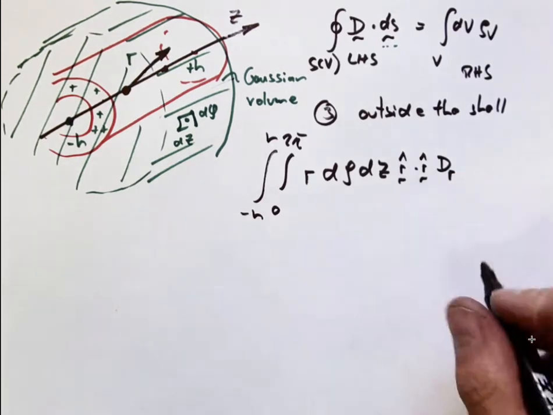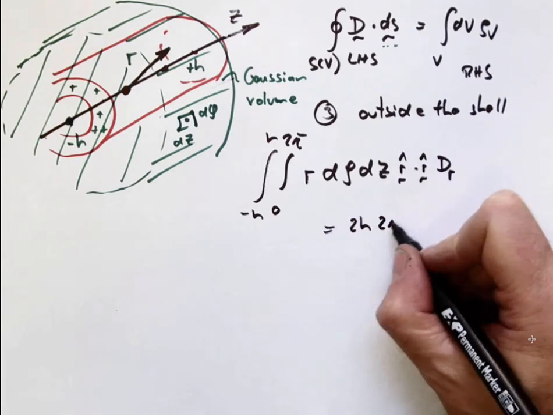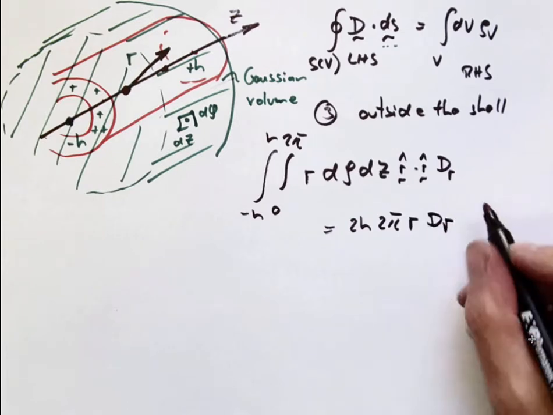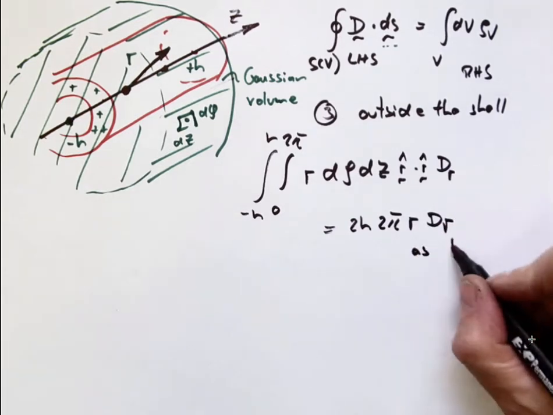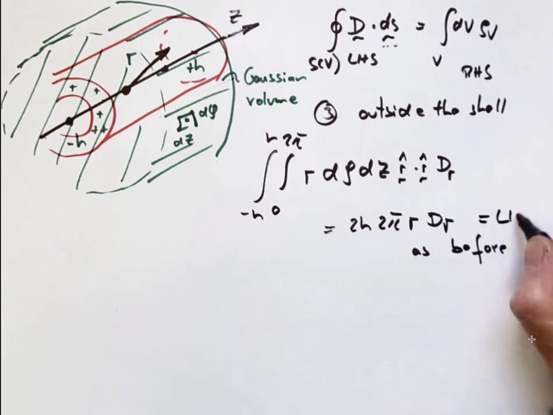So this integral again is equal to 2h 2 pi r Dr, as before. That's our left hand side.